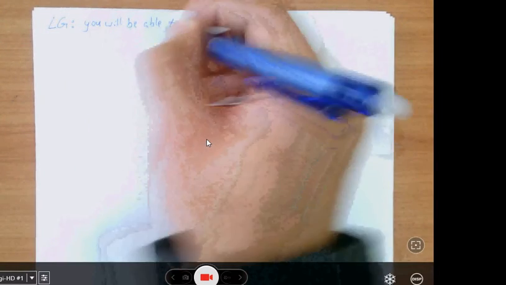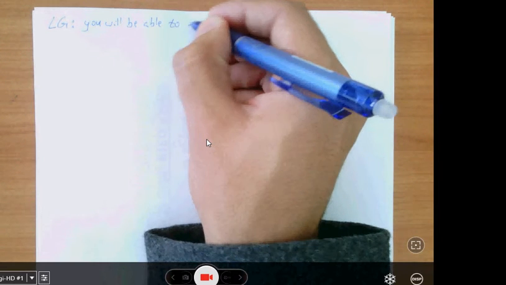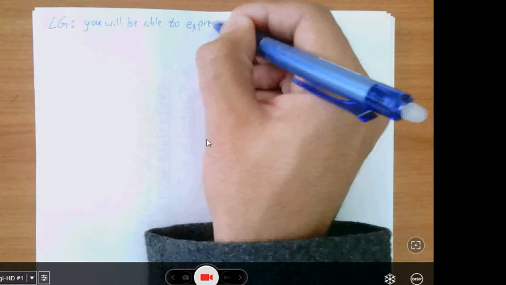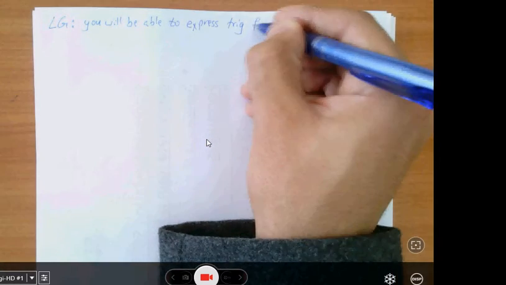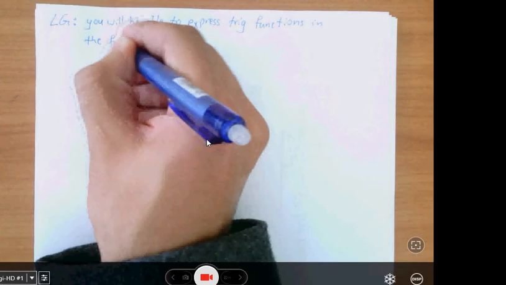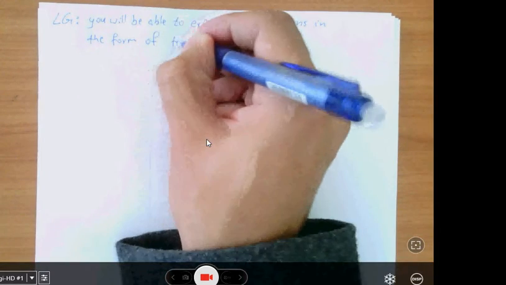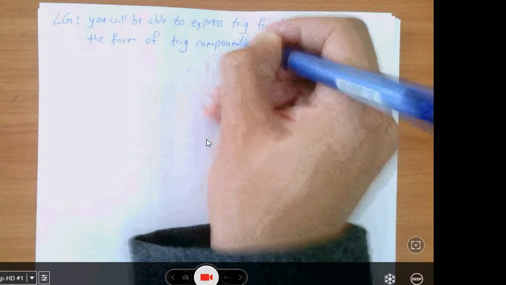The reason I'm rewriting this learning goal is because I will scan these lesson notes and I will leave them on the ELAN for you.